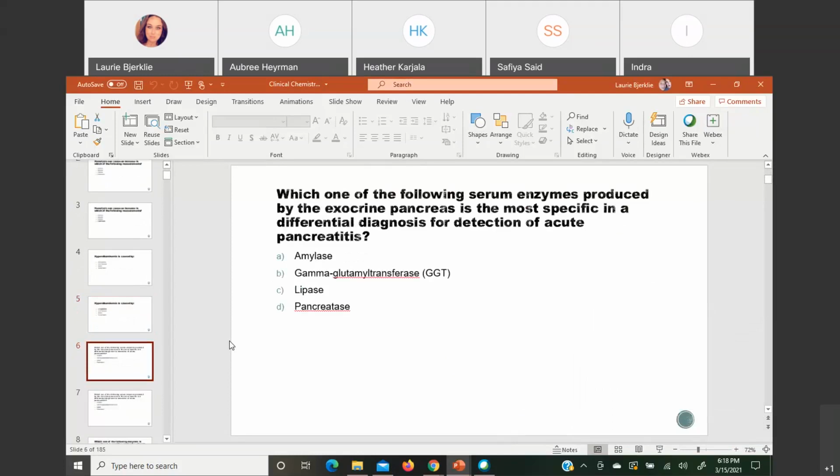Which one of the following enzymes produced by the pancreas is the most specific for detecting acute pancreatitis? Amylase, GGT, lipase, or pancreatase. It's a hard word to say.